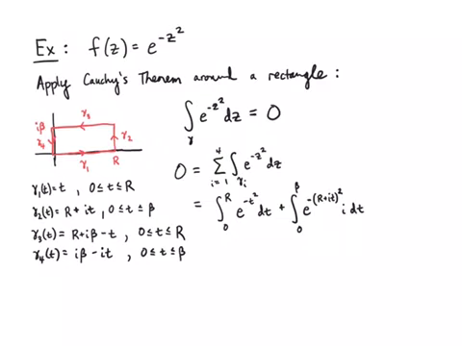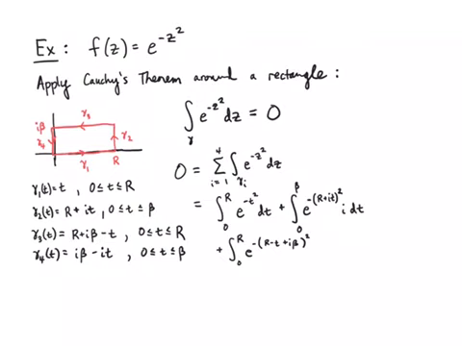The third one we have the integral from 0 to r of e to the minus, so our z is r minus t plus i beta. I put the r and the t together because they're real, squared. And then the derivative dz/dt there is a minus 1.